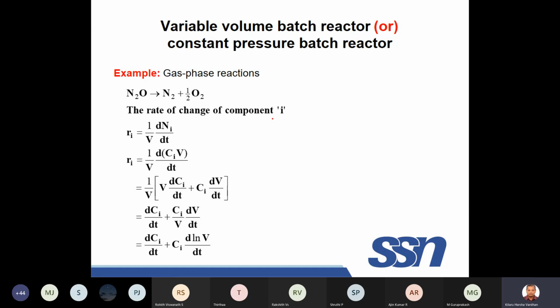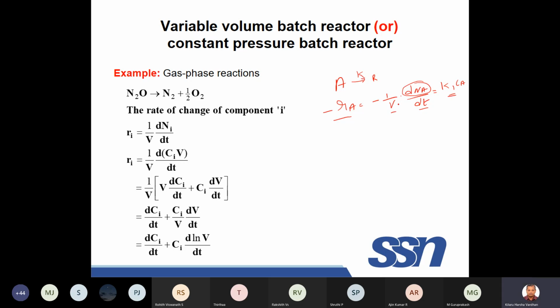Earlier we were writing A gives R with rate constant k, and minus rA is minus 1 by V into dNA by dt. So the rate of disappearance of A is minus 1 by V into dNA by dt, the number of moles of A disappearing with respect to time, and that is equal to k1 CA or whatever you are writing.